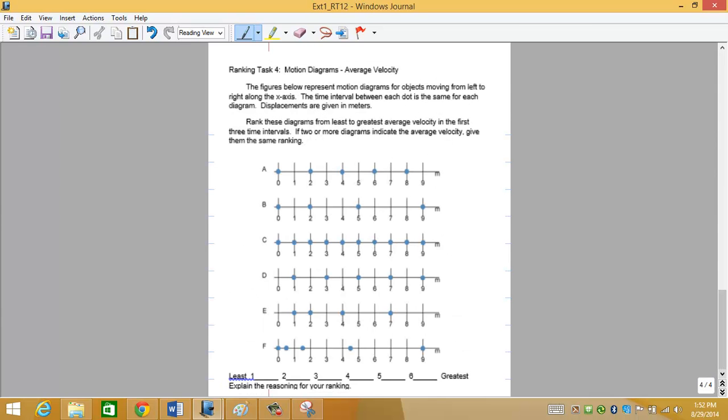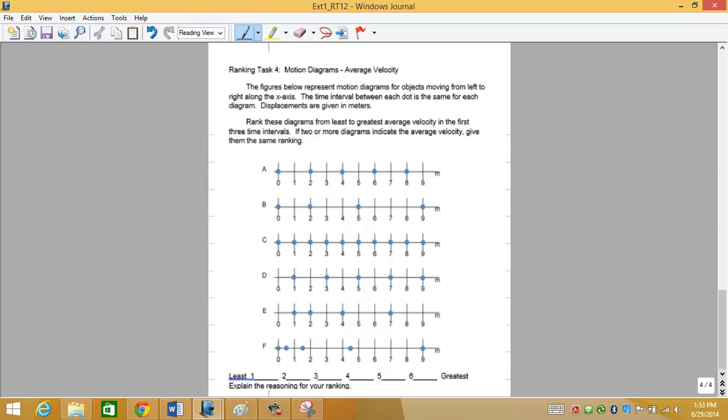So I'm not even going to rank those because the ranking should be exactly the same as ranking task 1. Now we saw this in the last set of ranking tasks. It's another motion diagram. I want to find out the greatest average velocity in the first 3 time intervals. It's very similar to the last ranking task in extension 1. In that case, we wanted the displacement in 3 time intervals.